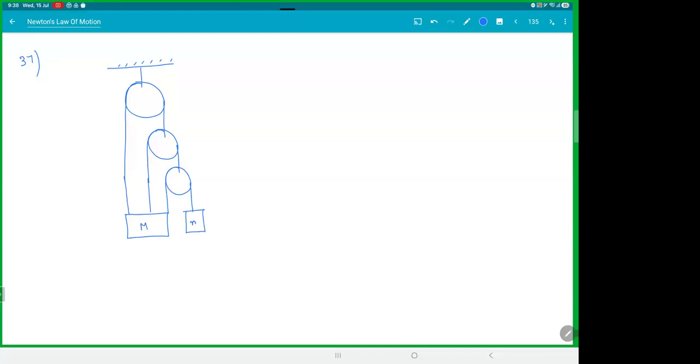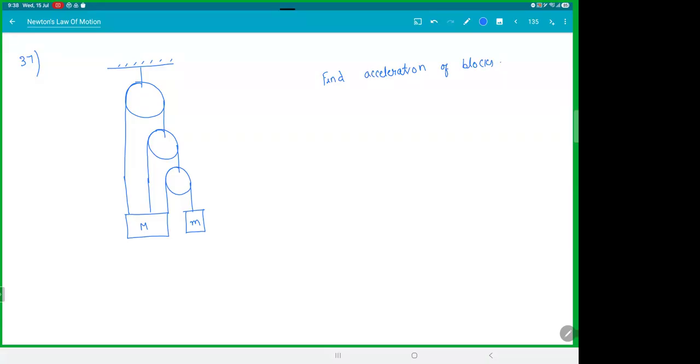This is capital M, this is small m. Find acceleration of the blocks. So you can't use the net pulling force method. You can't use pulley equivalent here. So yeah, you go back to the process.